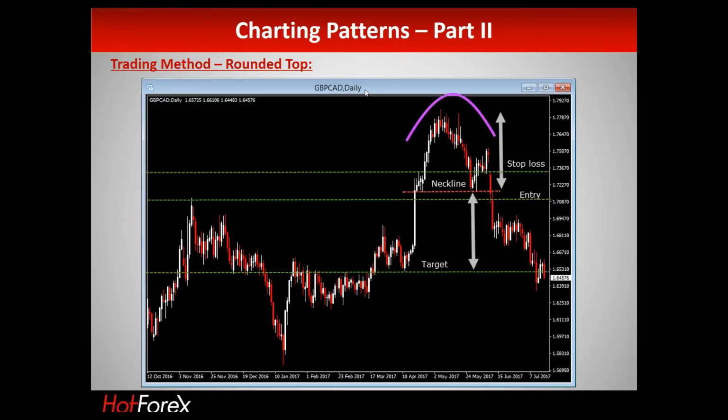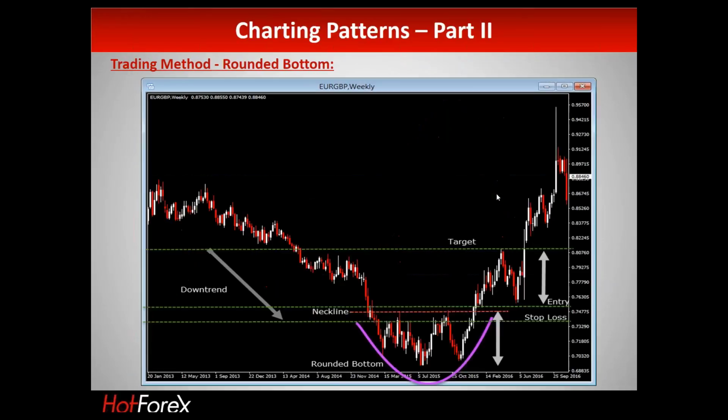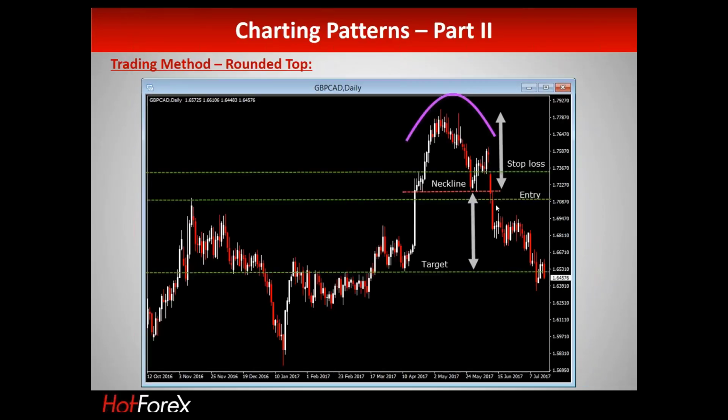So here I have a daily chart, in which I see clearly the rounded top and the neckline. However, if you go to the 4-hour chart, you will see consolidation of this neckline. You see many times that it was hit again, but the price didn't manage to break above it.